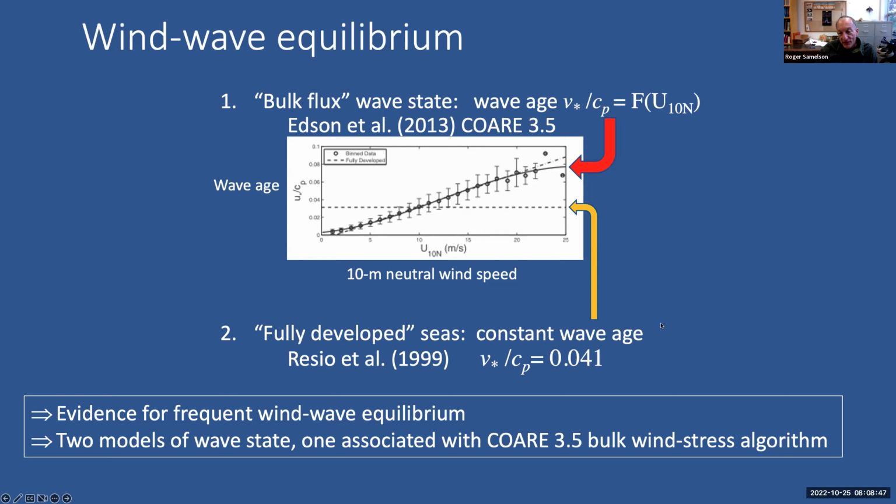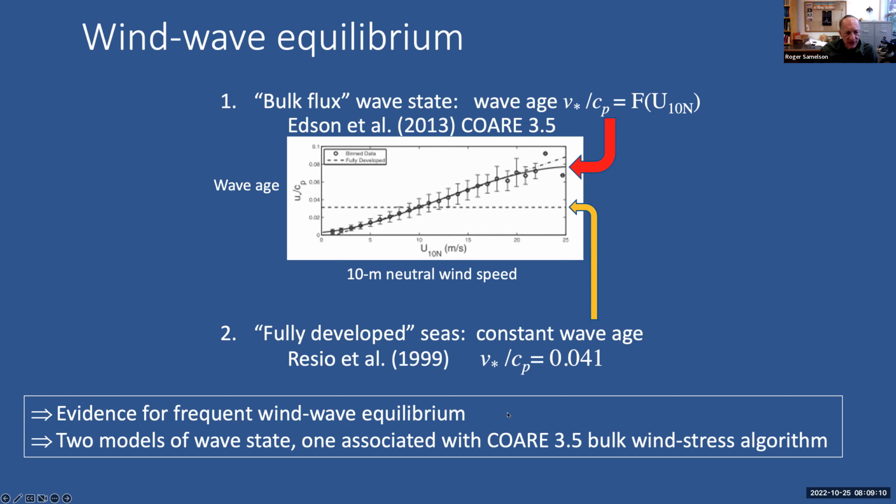And there are other evidences from direct wave observations that this is a frequent occurrence, that wind waves are frequently close to equilibrium. And of course, as Tom Farrar pointed out to me, the Beaufort wind scale in its current version wouldn't work very well since it relies on the wave state to give evidence for what the winds are.